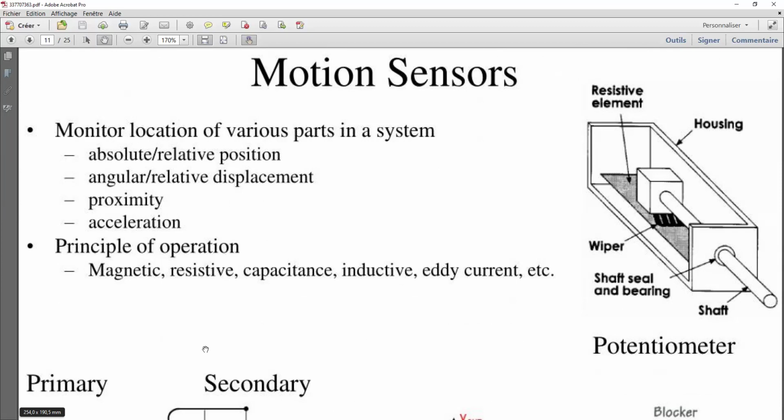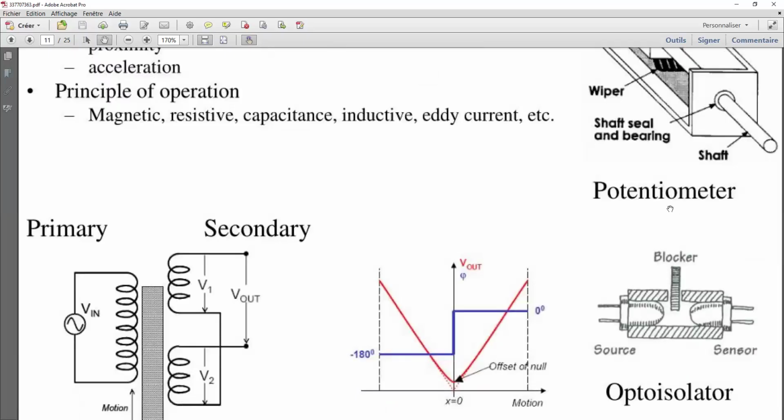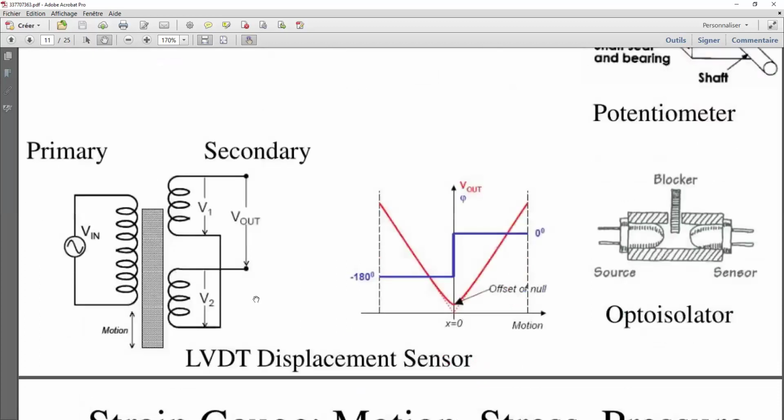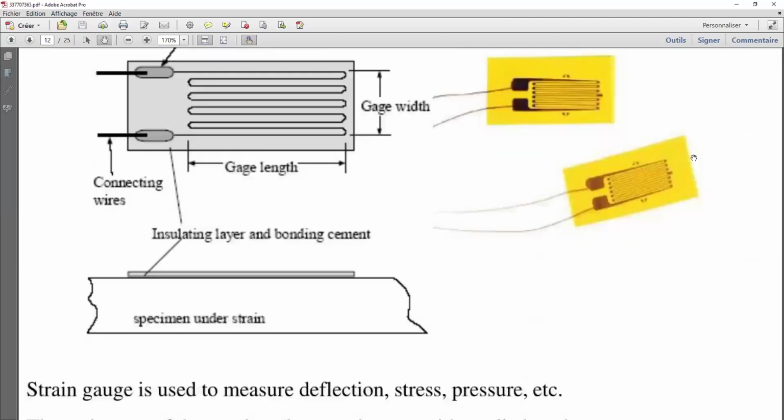We have absolute and relative position, angular and relative displacement, proximity, and acceleration. For the principle of operation, we have magnetic, resistive, capacitive, inductive, eddy current, etc. Examples: potentiometer, opto-isolator, and LVDT displacement sensor.